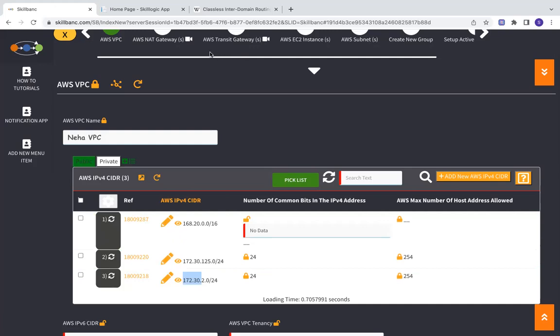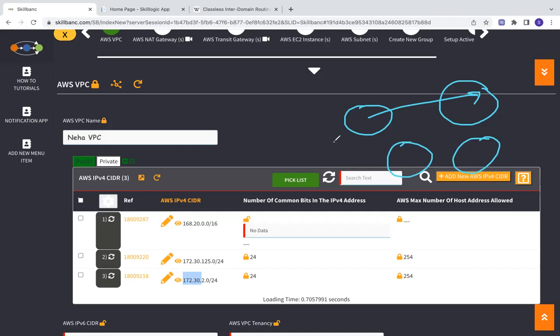If I have to draw, you have a network, and you have other networks. Every network needs to be identified. How will you identify that network? Using that 0 address, in this case 172.30.125.0.